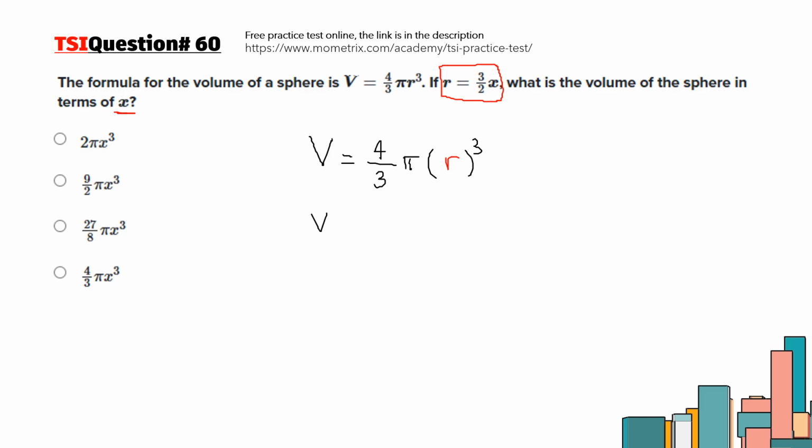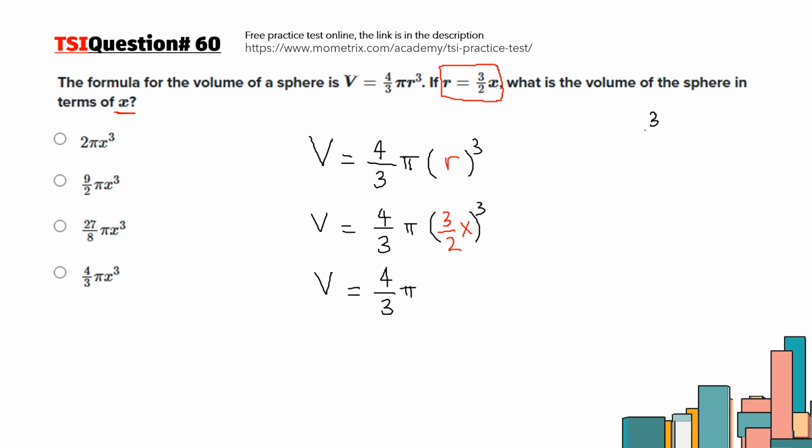So we have V equals 4 over 3 pi, and then instead of r, we write 3 over 2x. Okay, now we have to work with the cube.